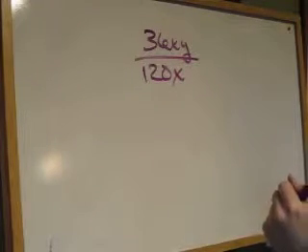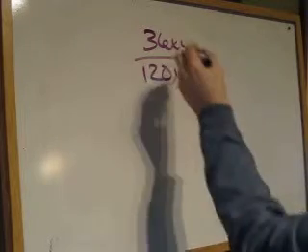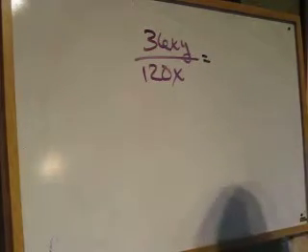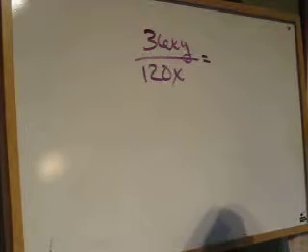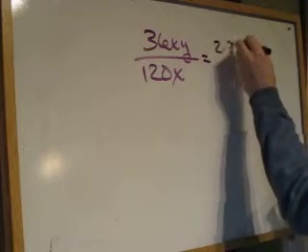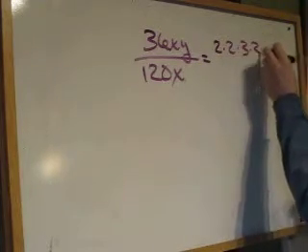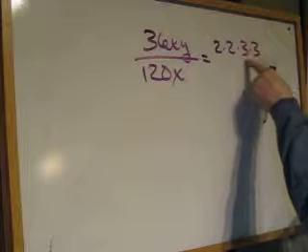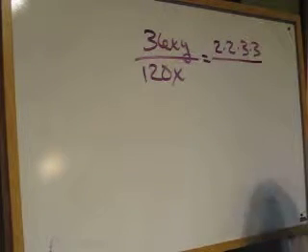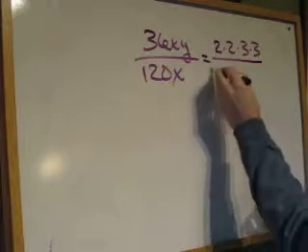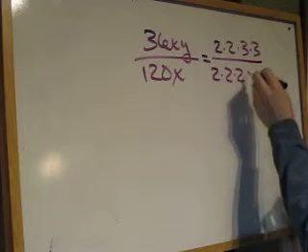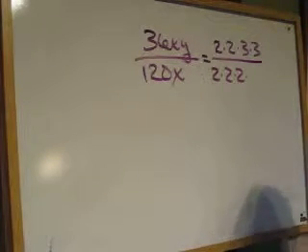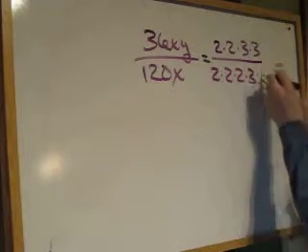Let's not worry about the variables, the letters. Let's just worry about the numbers. And the numbers for 36 is 2 times 2 times 3 times 3. 2 times 2 is 4, times 3 is 12, times 3 is 36. And let's do our 120. 2 times 2 times 2 times 3 times 5.